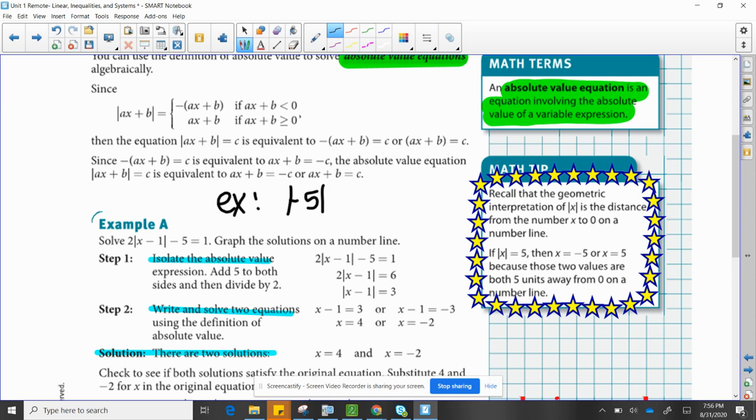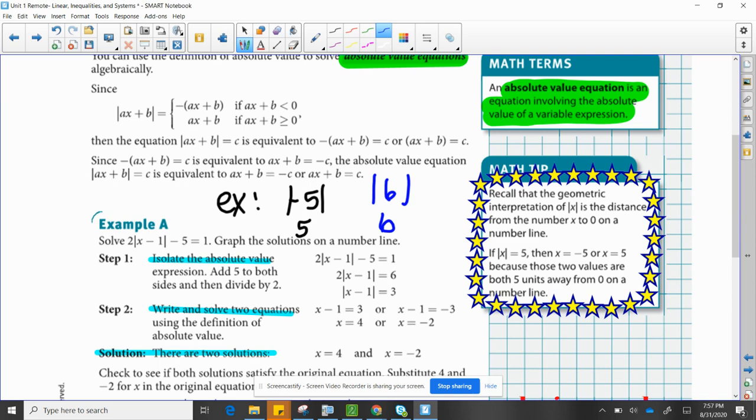So the absolute value of something is always positive. So the absolute value of -5 is equal to 5. If I take the absolute value of a positive number, like 6, the distance between 0 and 6 on a number line is 6 spots. So the answer would be 6. So the absolute value of something always turns it positive.